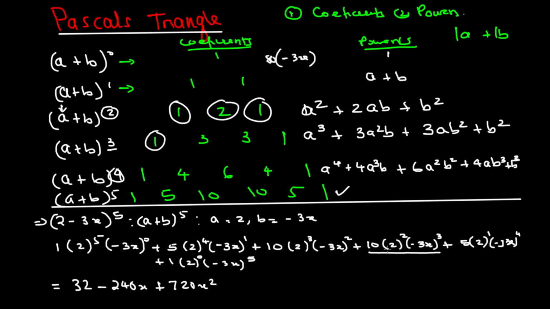That is 40. This is 27. Okay. 27 times 40 gives us 1080. But then x is 3. So we have x^3.